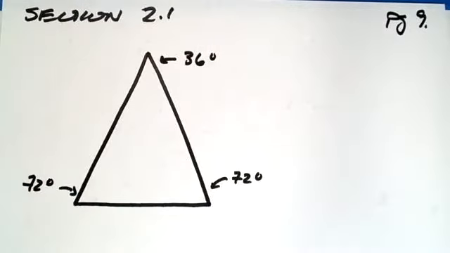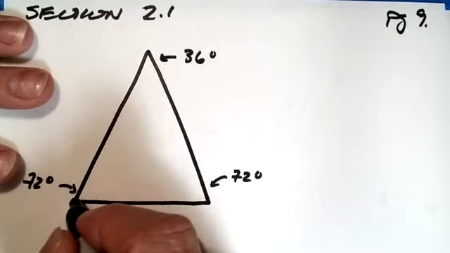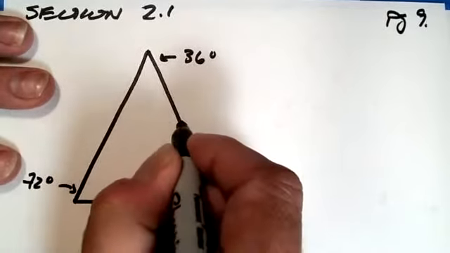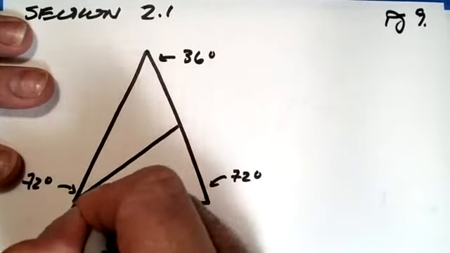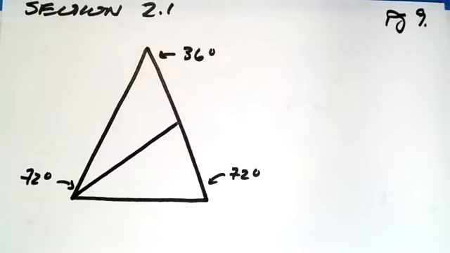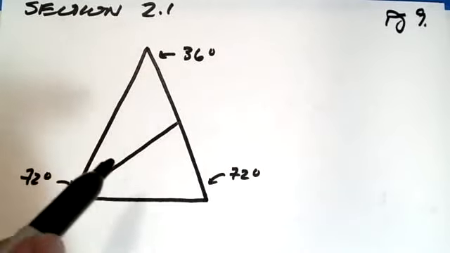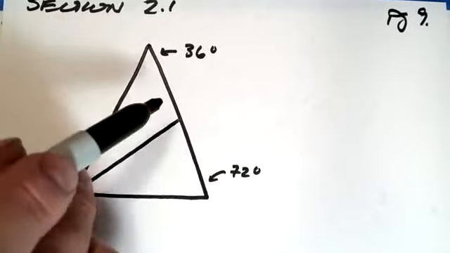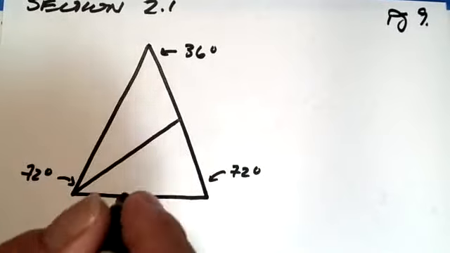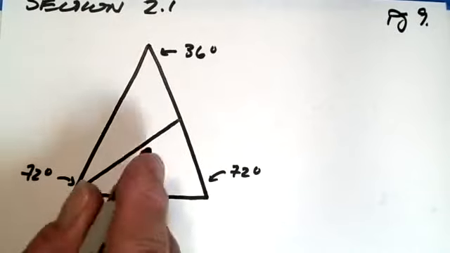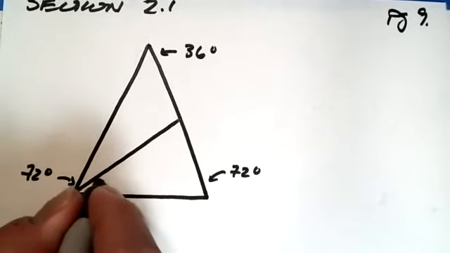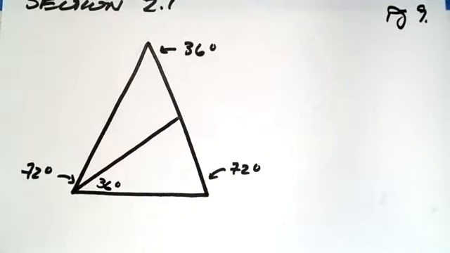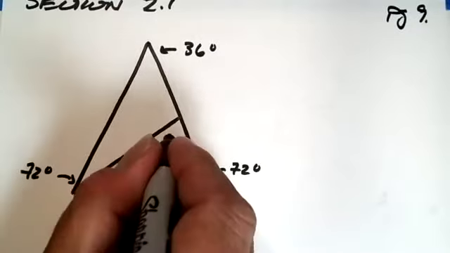Okay, so now I'm going to draw the bisector of this angle right here. This is where my drawing skills are going to prove to be poor, because if I'd drawn this correctly, this should be the same length as this, and I'll demonstrate why. If you're bisecting the angle, this now becomes 36 degrees, and this is 72 degrees.